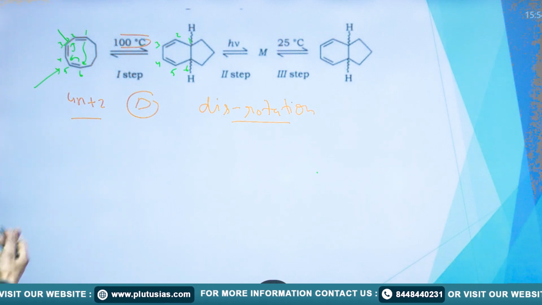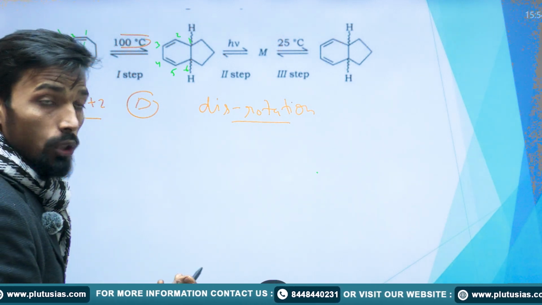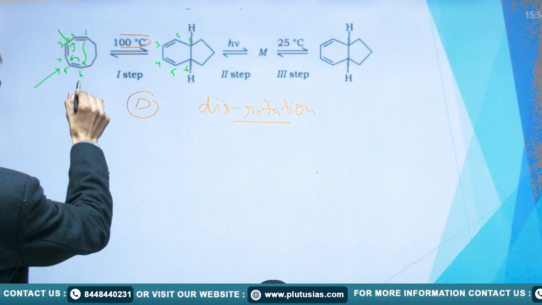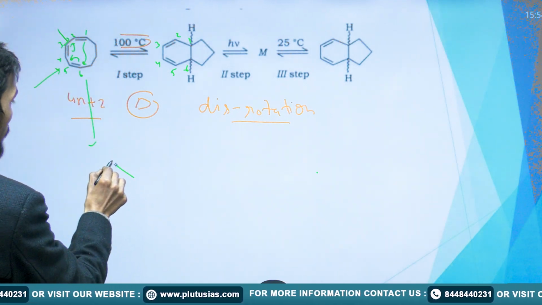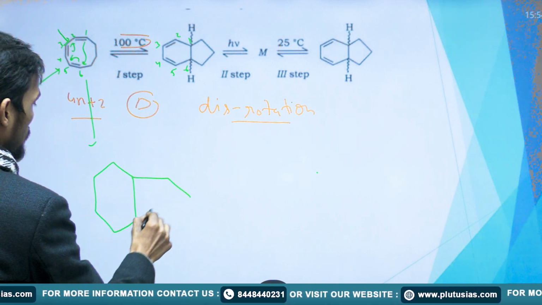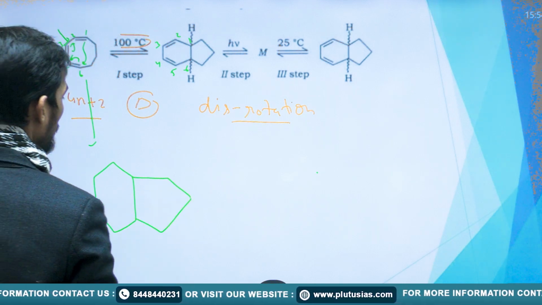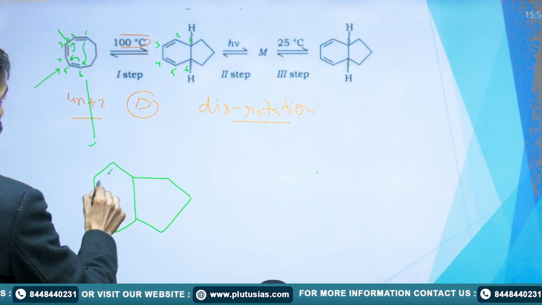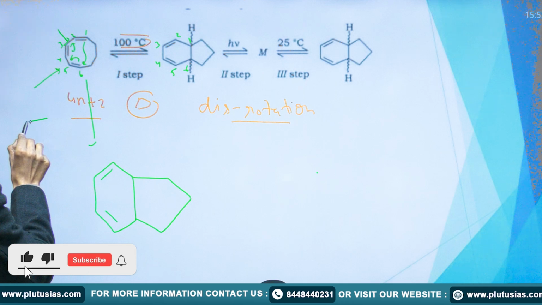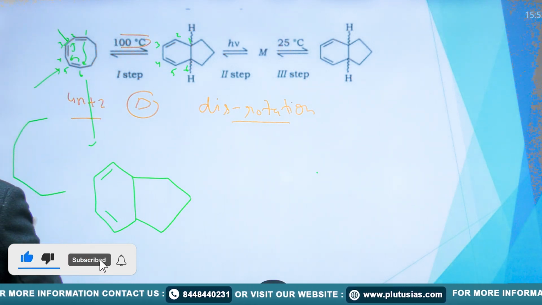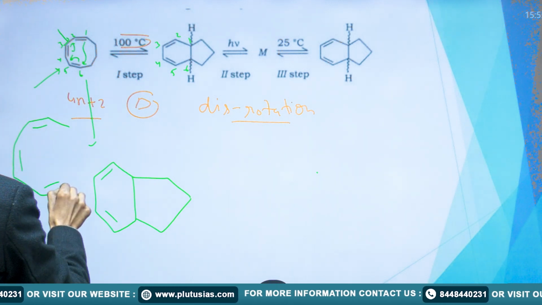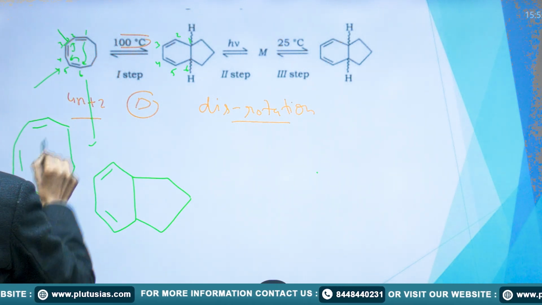And at 4,5 again a bond is being formed, that is also quite clear, and the rest remains the same. So from here we can very easily draw this structure like this. And if you want to draw a bigger picture, like this.